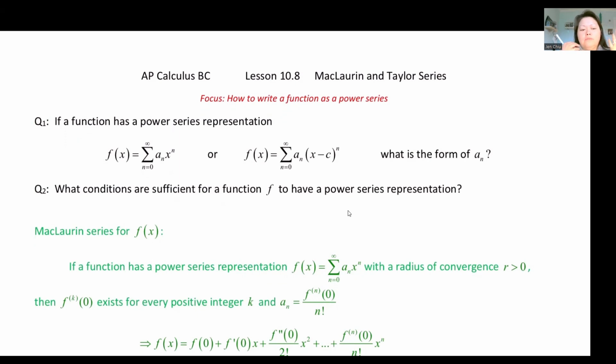So Maclaurin was actually the first one to start this. He started writing these functions into series. And we talked about the fact that really it's because back in the day they didn't have calculators. And this is also actually the basis of how our calculators are able to crunch these numbers out for us. So we're able to find e to a number, like e to the power of 2, or e cubed, or sine of 37 degrees, of course, in radians.